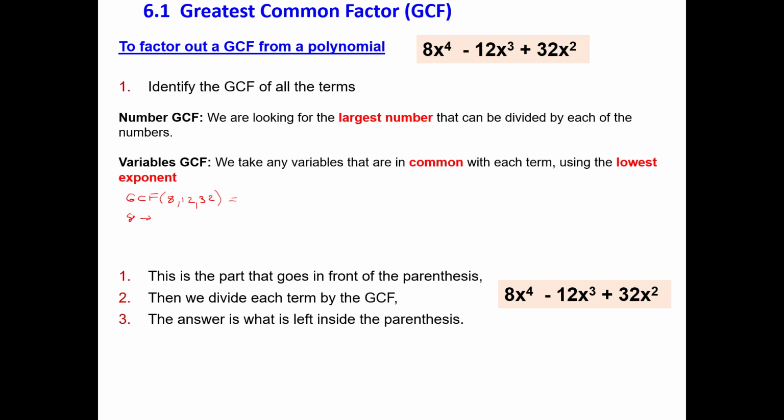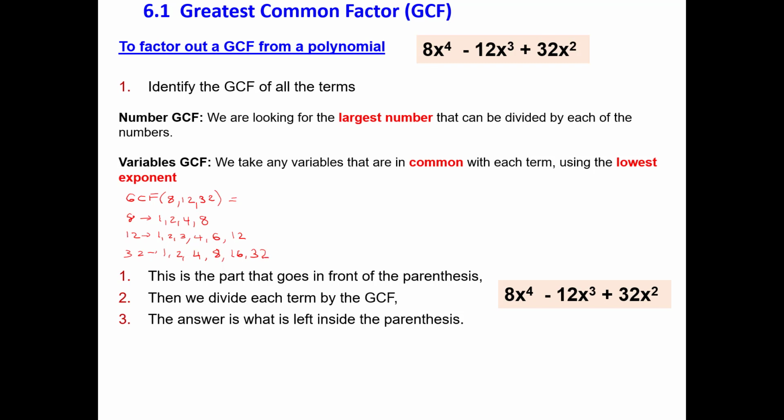For example, for 8 it is 1, 2, 4, 8. These are the factors for 8. The factors for 12 are 1, 2, 3, 4, 6, 12. For 32 they are 1, 2, 4, 8, 16, and 32.